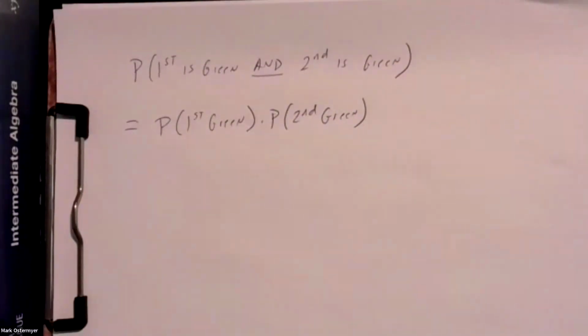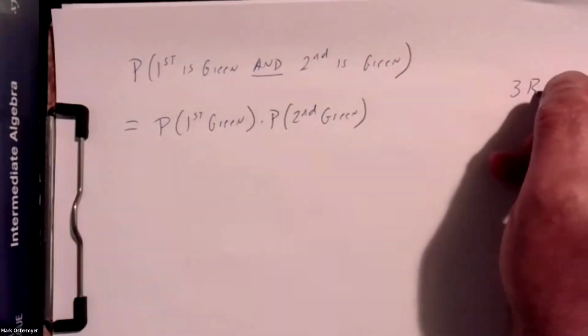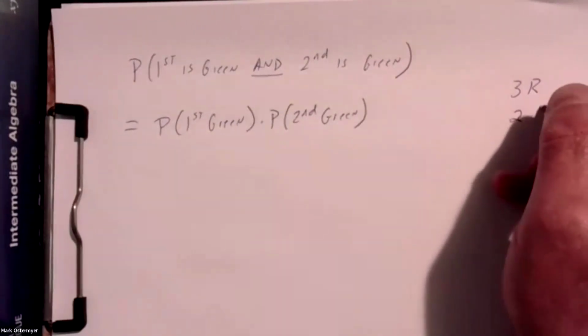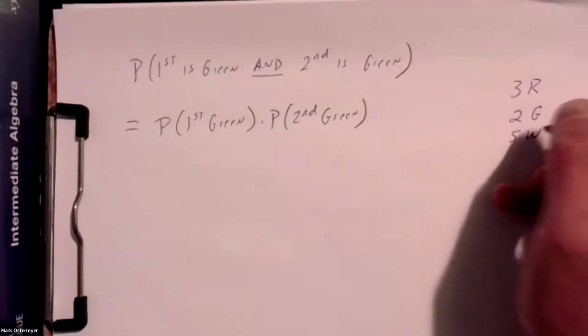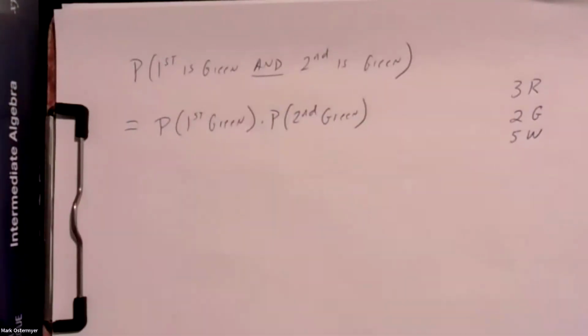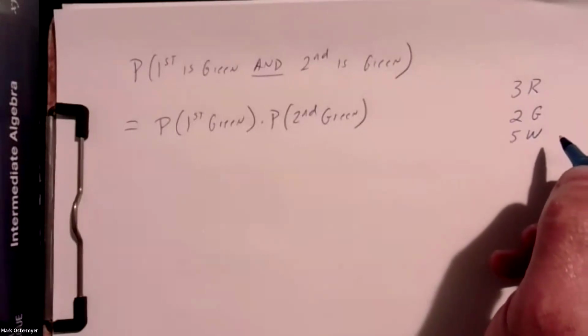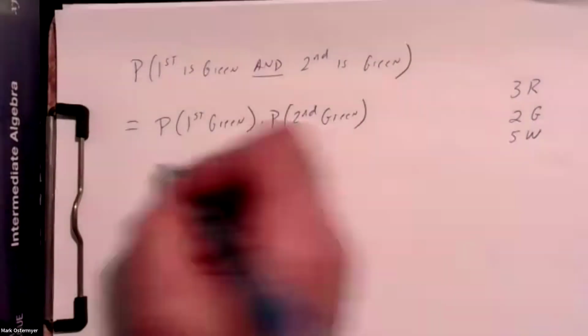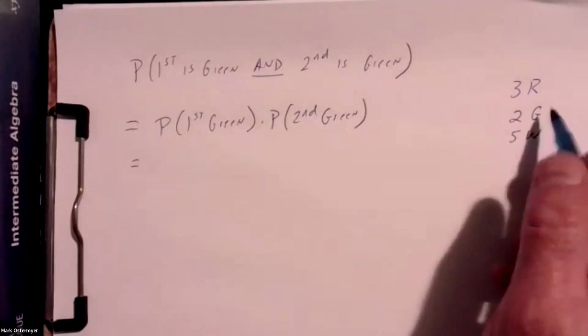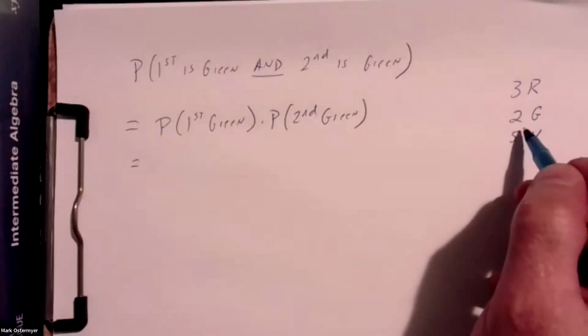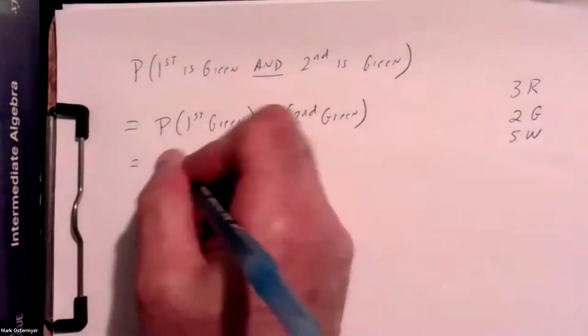Well, it says there's 3 red balls in this urn. There's 2 green balls and 5 white balls. So the probability of selecting 2 green balls in succession with replacement, the probability of selecting the first ball and it being green would be 2 over 10 times the probability.